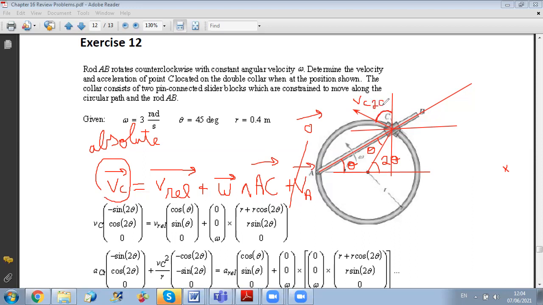Okay, so now what I can do is divide VC into two components.